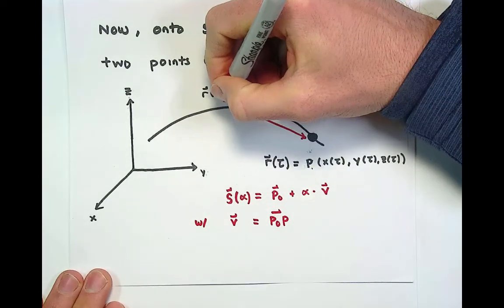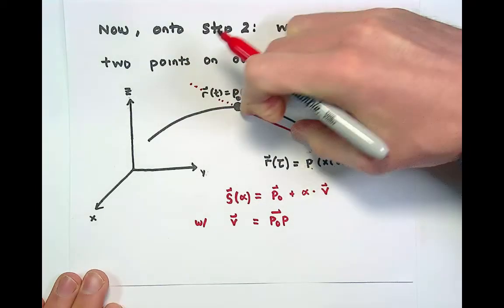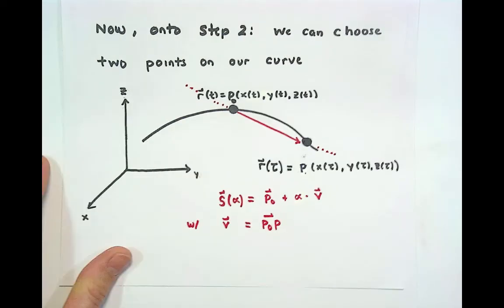So I'm actually taking the line that connects these 2 points, this direction through this point, where alpha is just the set of all scalars there, right?